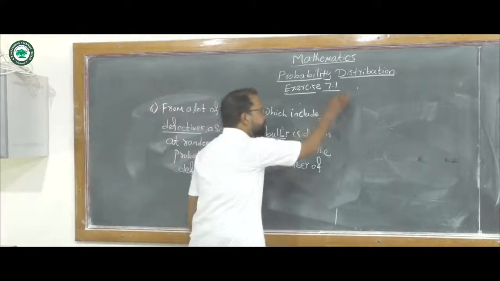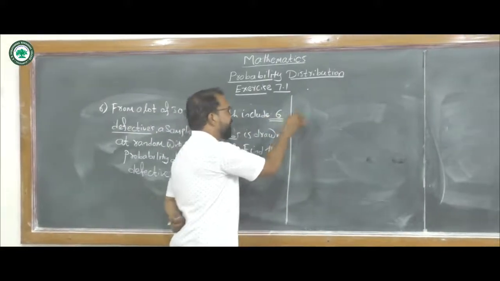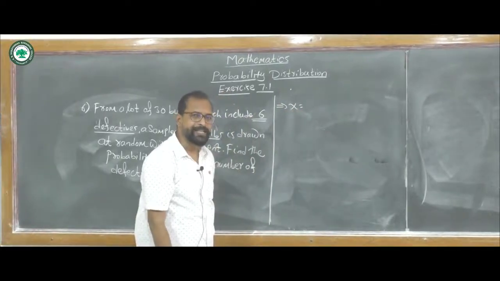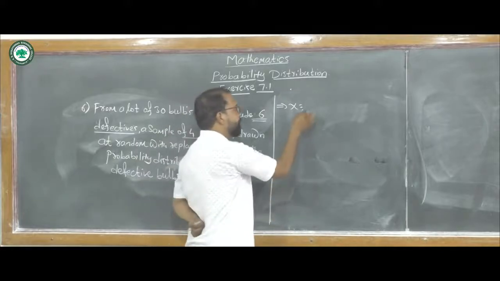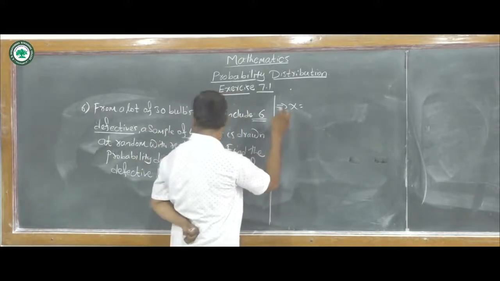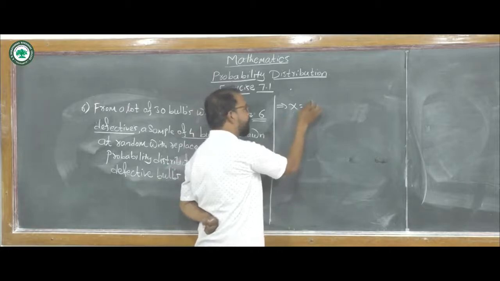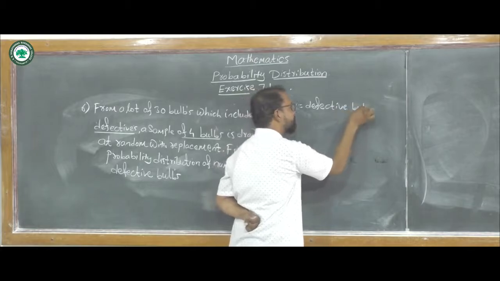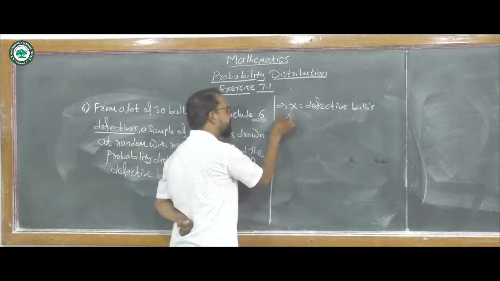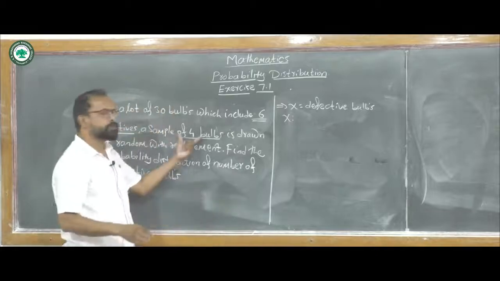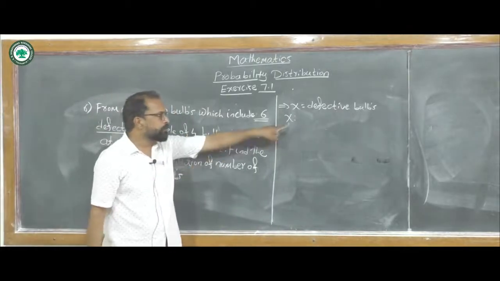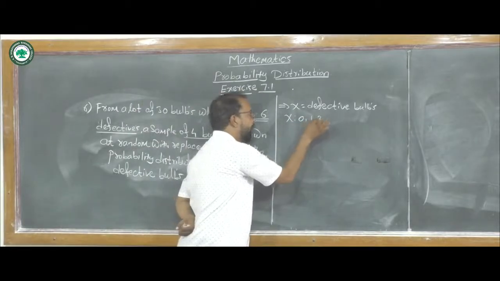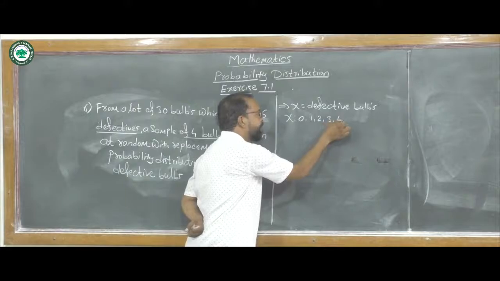Now if we define X as the number of defective bulbs, that is we select a defective bulb as a success, then since we draw 4 bulbs, the value of X is 0, 1, 2, 3 or 4.